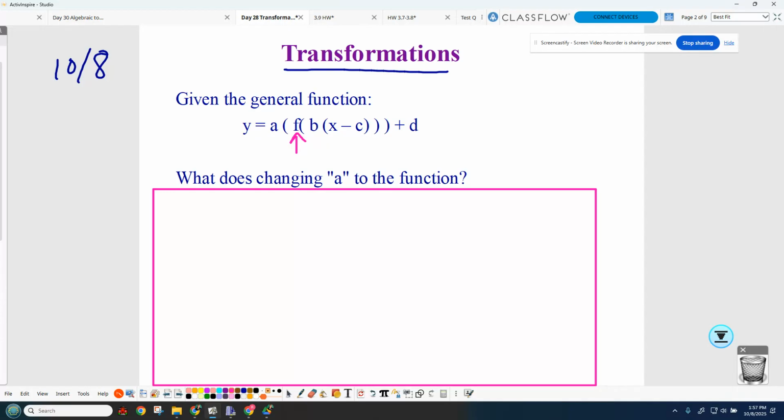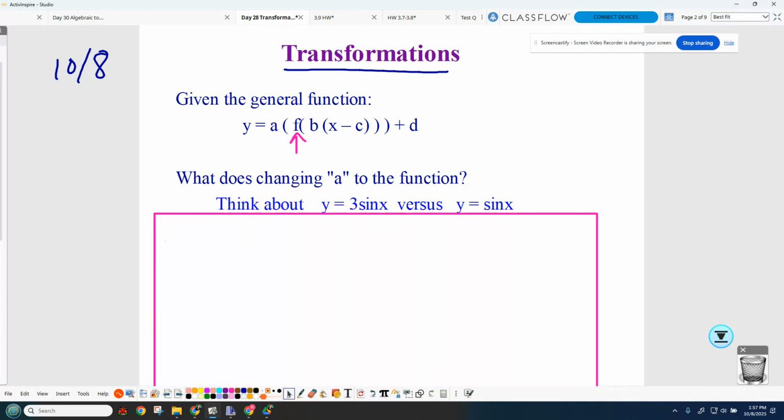This is saying whatever the function you chose, if you put a on the front of it, and I chose to give you an example with sine, because you've seen these in Algebra 2 last year. Rylan, what does it do? Stretches it vertically. Okay, so that 3 for a sine function makes the amplitude 3. It stretches it vertically, makes the wave 3 units high instead of 1 unit high.